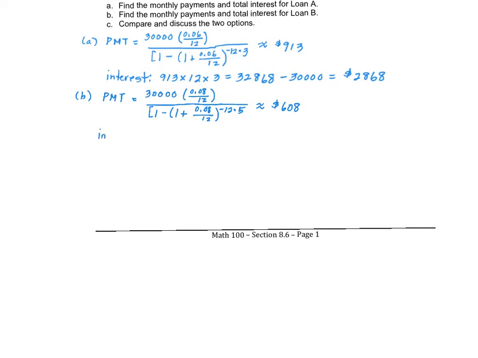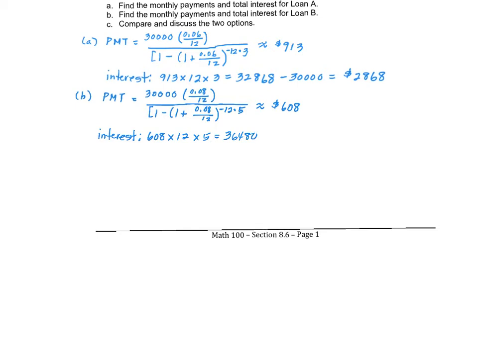The interest is going to be the total amount paid, which would be $608 per month, so times 12. And then this loan is for 5 years, so times 5. In my calculator, I get 36480.